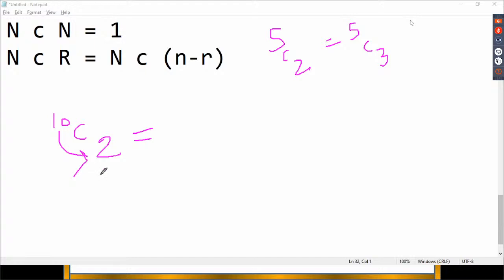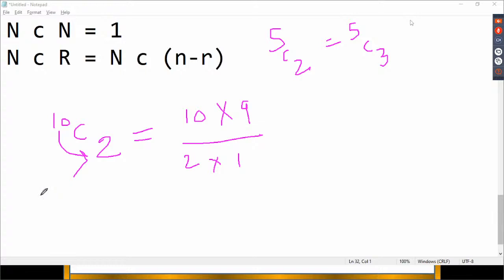To calculate 10C2, 10 is decreasing 2 times: 10 into 9, divided by 2 decreasing up to 1, so 10 into 9 by 2 into 1.